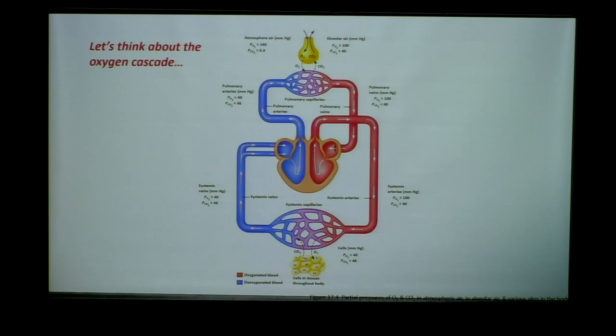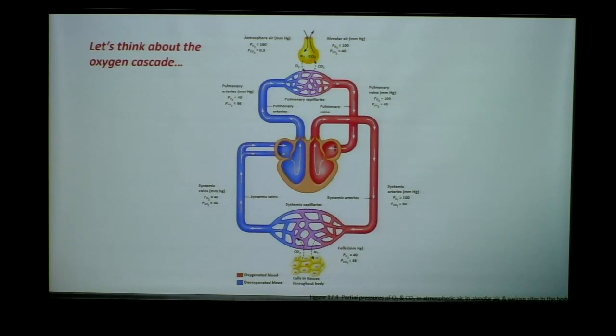So we start off with a partial pressure of oxygen at 160 millimeters of mercury in the atmosphere. And then by the time we get to the alveoli, the partial pressure of oxygen has dropped significantly, from 160 down to 100. And it stays at 100 throughout most of the systemic arteries, throughout most of the vasculature, until it gets to the level of the capillaries.